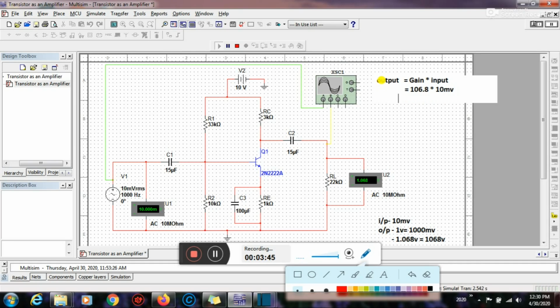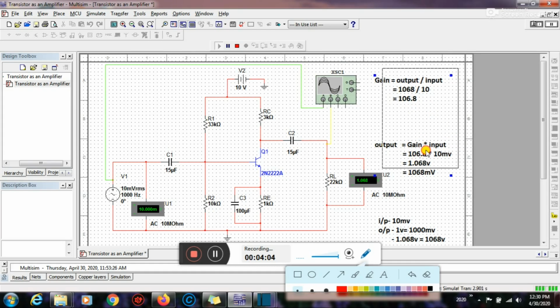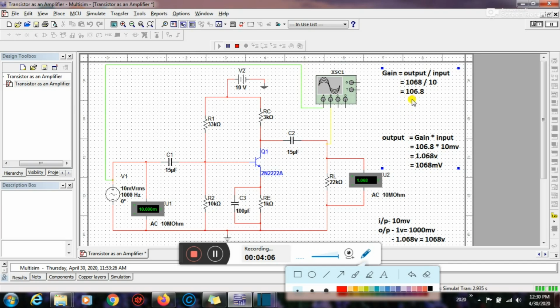Your output becomes the multiplication with the gain, which is equal to 1.068 volt, or you can consider it as 1068 millivolt. I hope you can clearly understand all these things. Clear? This is your gain equation and your output is defined by your gain. So 10 millivolt is converted into 1 volt or 1068 millivolt.